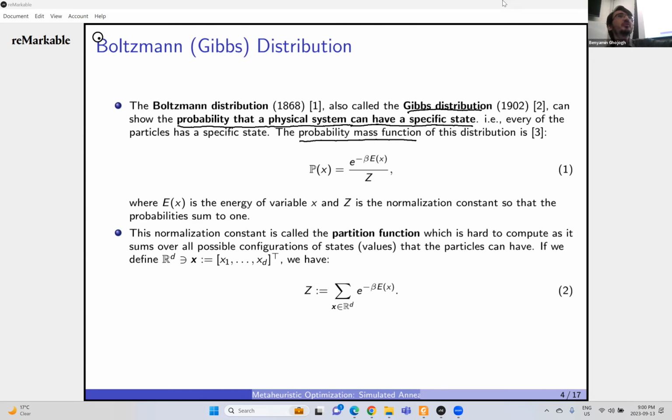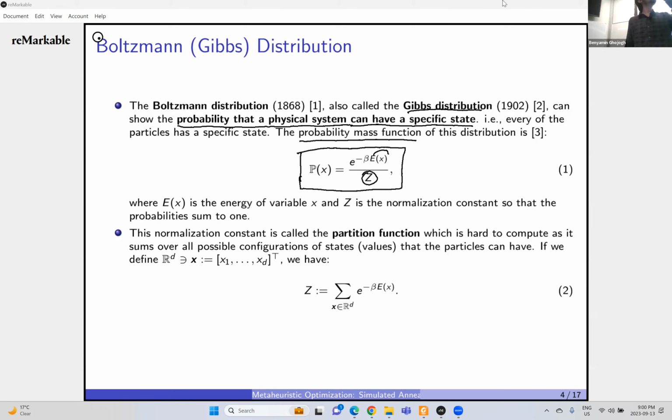The probability distribution for a discrete variable is this. This is the definition of the Boltzmann distribution. Probability of x, a random variable, here it's either up or down, is e to the power of minus beta E(x) over Z.